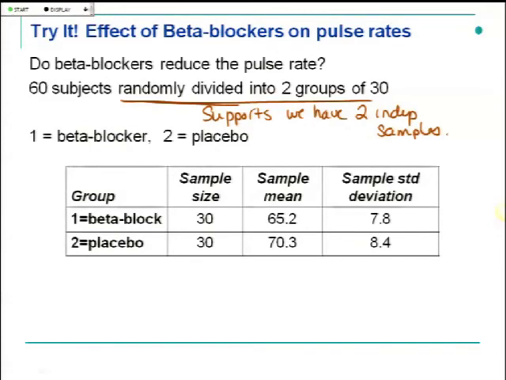All right, beta blocker is group 1, placebo is group 2, the classic setup of data. If this is all you have given to you, there is no way you can do a paired t-test on this, even if there was matching going on, because you don't have the actual differences. If you were trying to do a paired t-test here, you've got the two sample means, and it is true that the mean of the difference is the difference in the means.